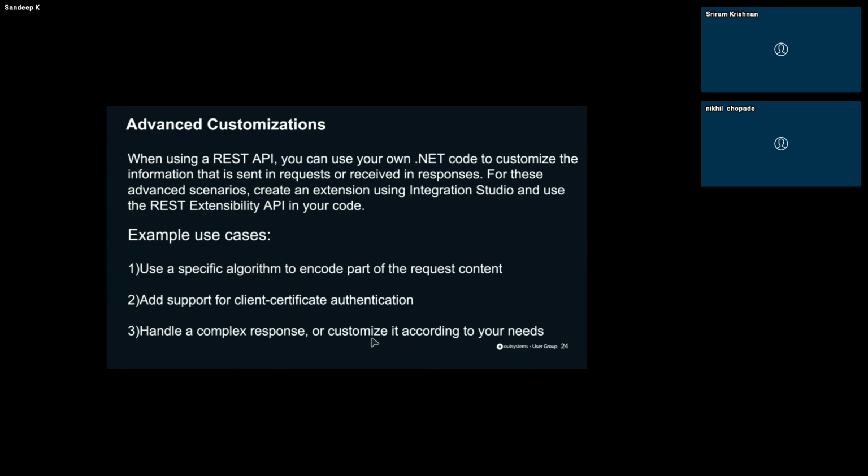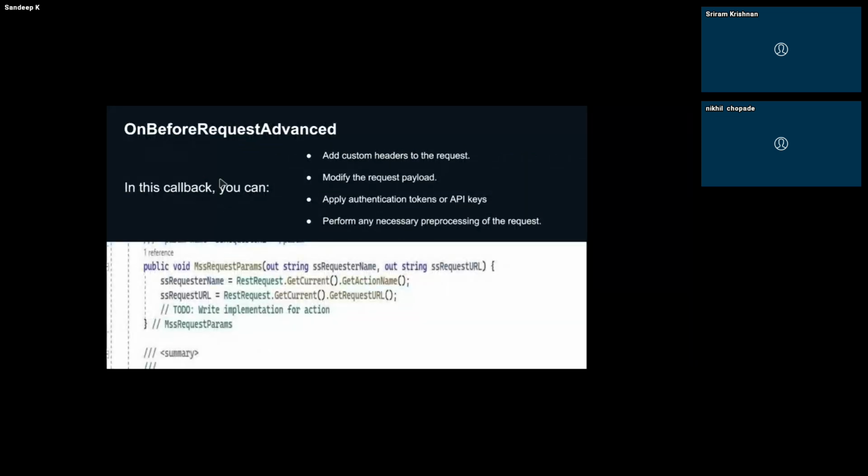Instead, you can simply use on before request advanced instead of the on before request handler, and you can create a C sharp method to get the action name that is getting triggered or invoked. Based on that, you can write switch conditions or if conditions and act accordingly.